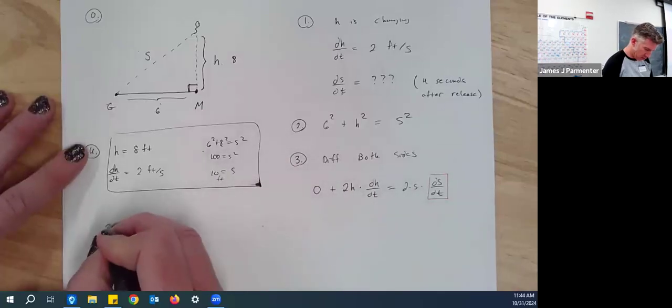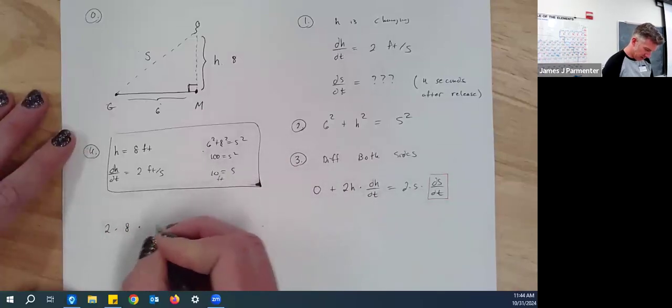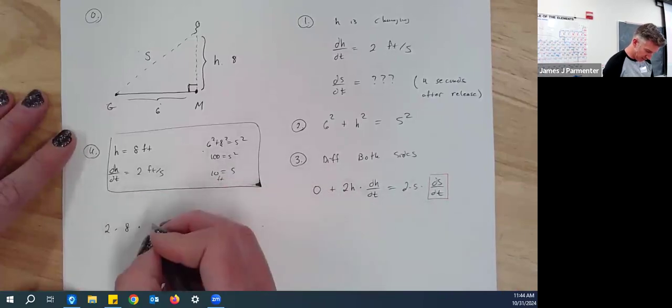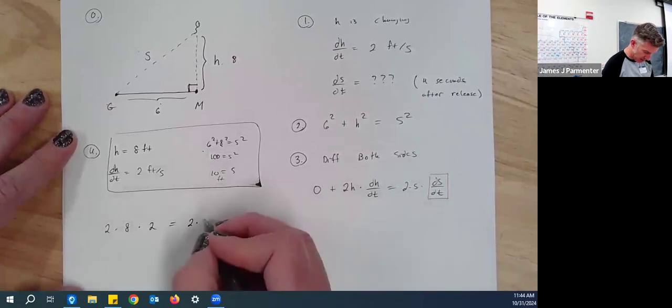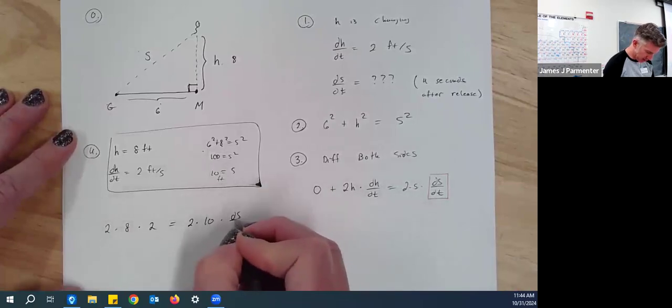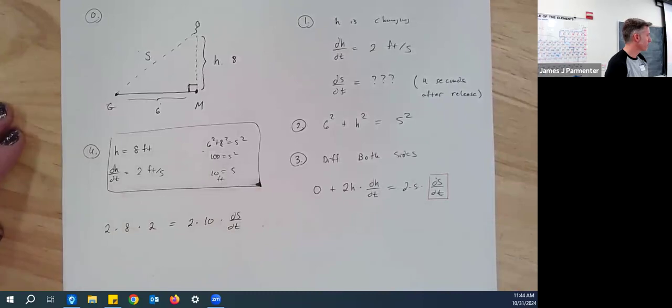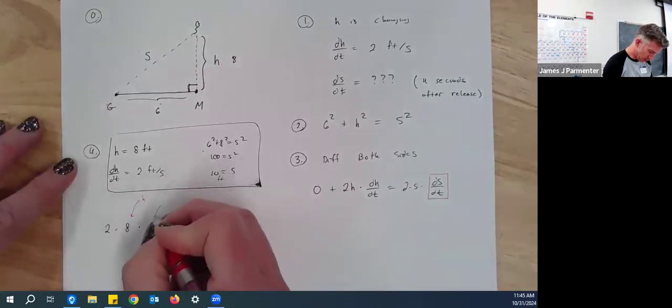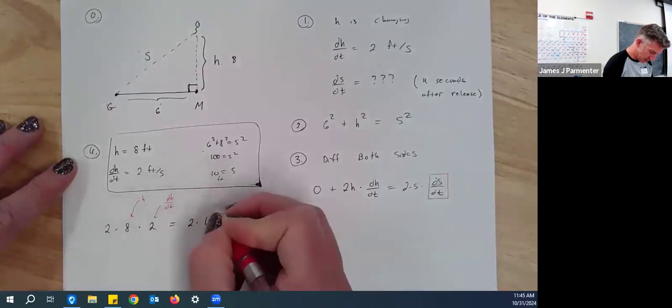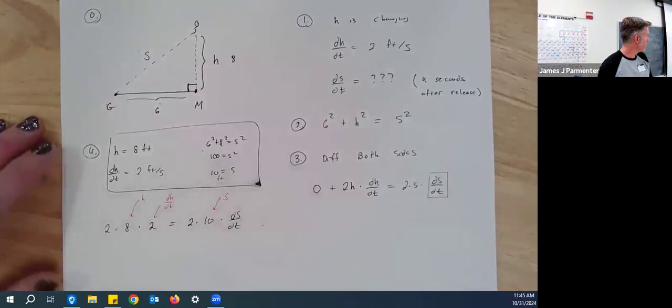So we're going to have 2 times 8 feet times dh dt, which is 2 feet per second, equals 2 times s, which you just found s to be 10, times ds dt. Right? There's our h, there's our dh dt, there's our s.